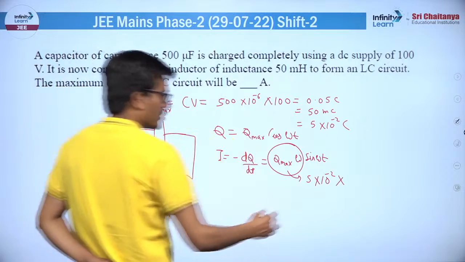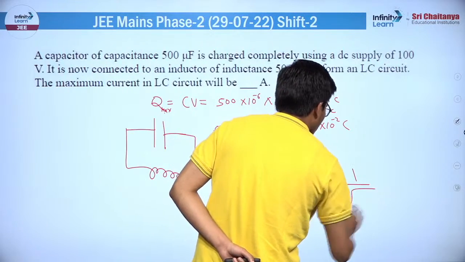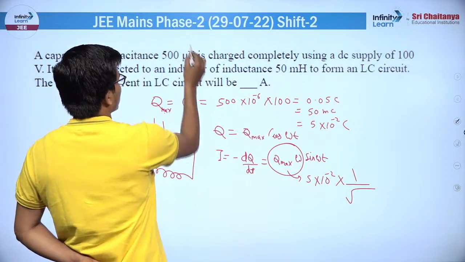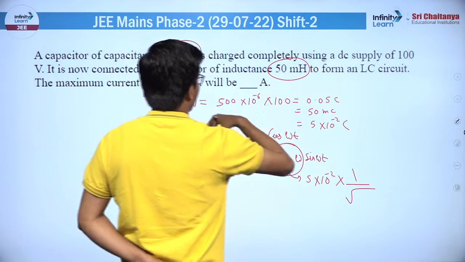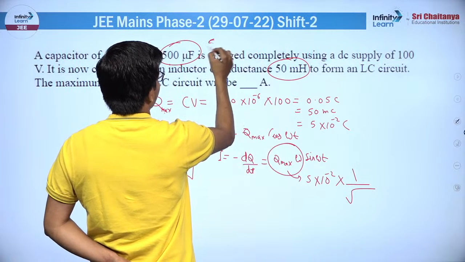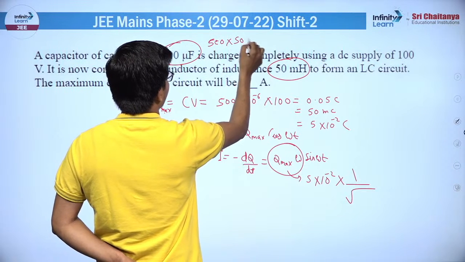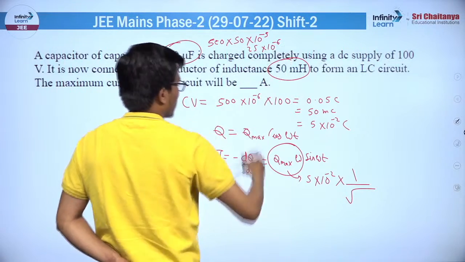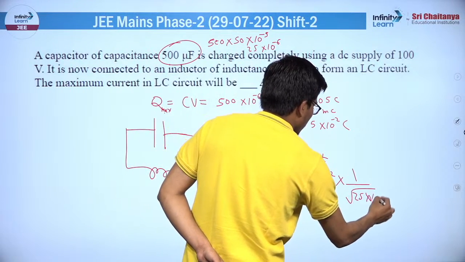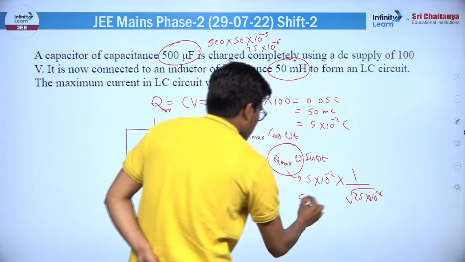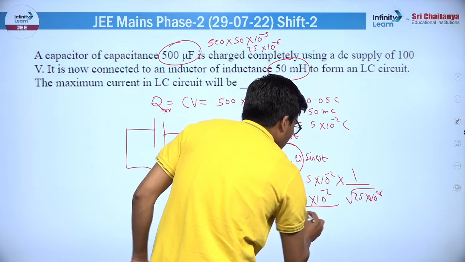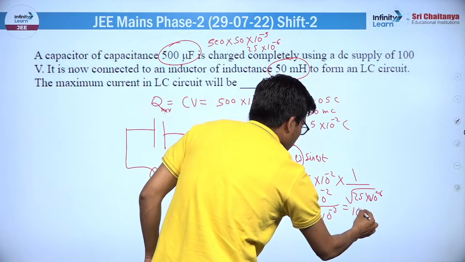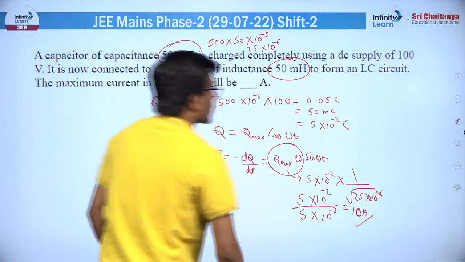Omega is something you should know, that in LC oscillation omega is 1 upon root L into C. So this is C, this is L. So the product will be 500 into 50 into 10 to the power minus 9, 25 into 10 to the power minus 6. So it is 5 into 10 to the power minus 2 divided by 5 into 10 to the power minus 3, meaning 10 ampere is my final answer.